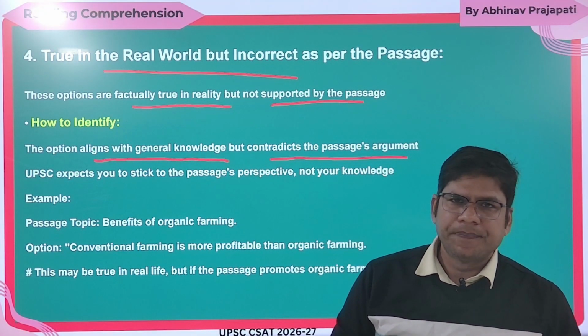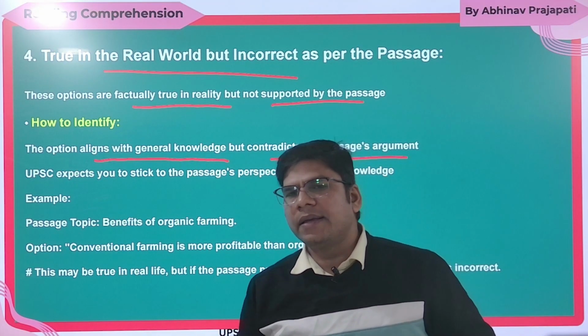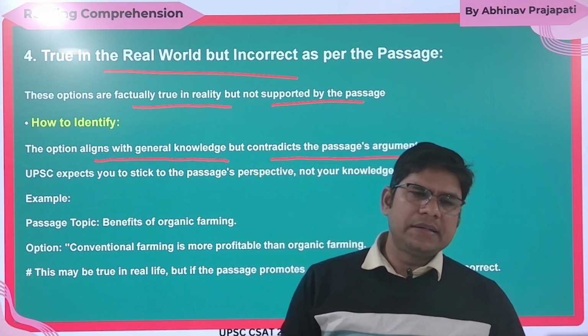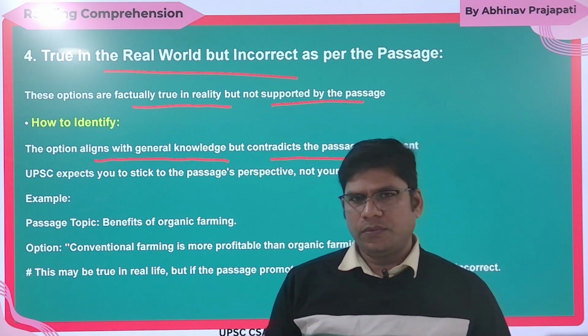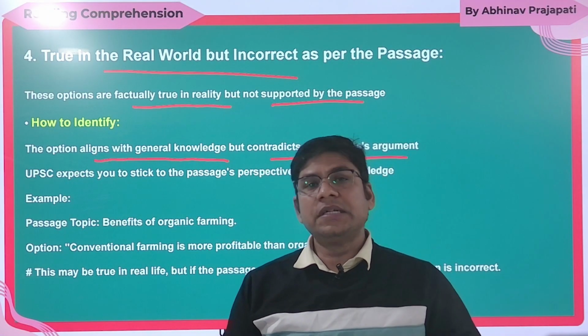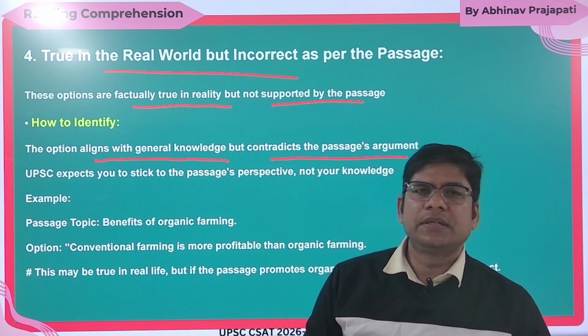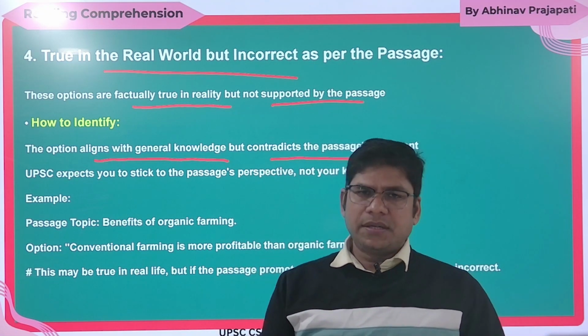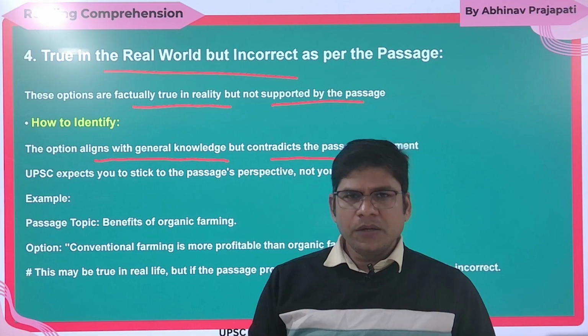Suppose in the passage there is an argument or idea that the sun rises in the west. The author is saying the sun rises in the west. Generally, in the real world, universally, the sun rises in the east. But you have to answer the question based on the passage only.